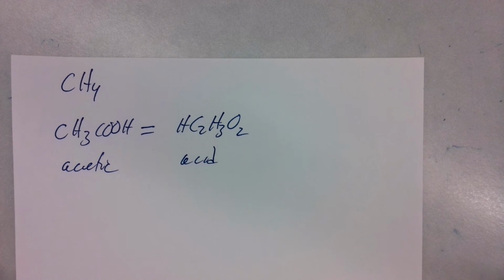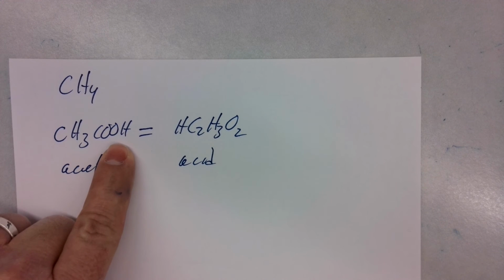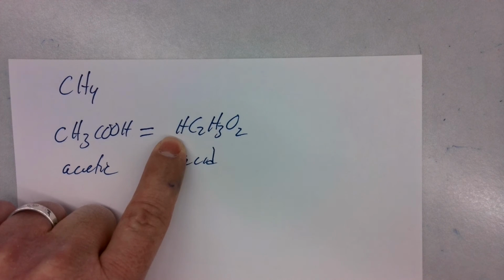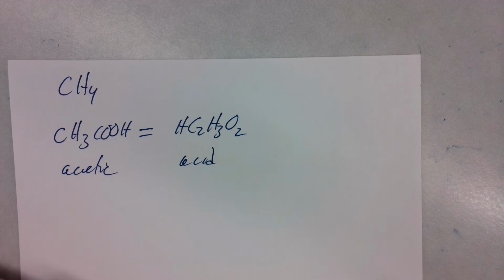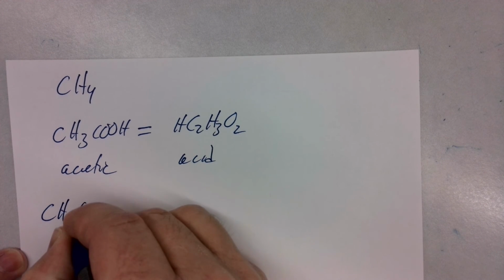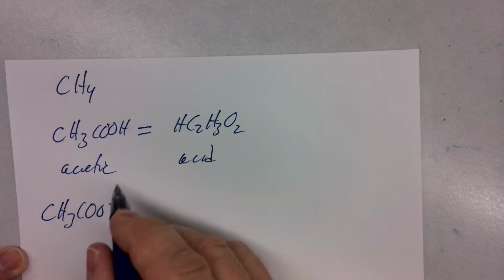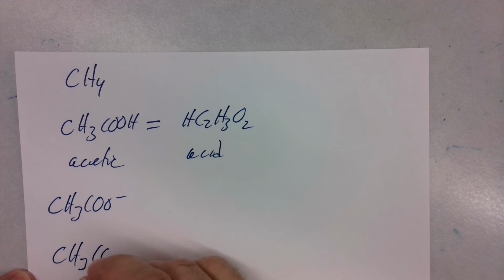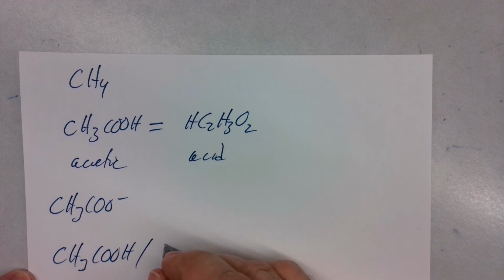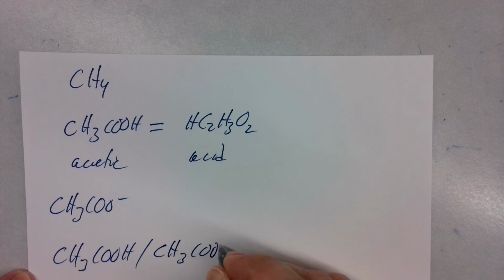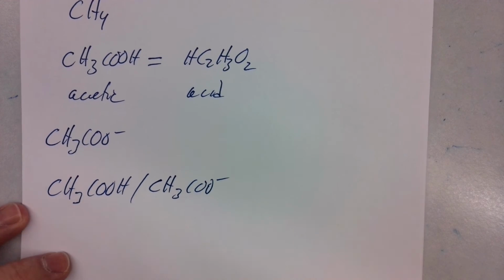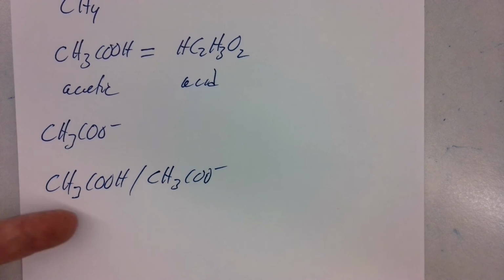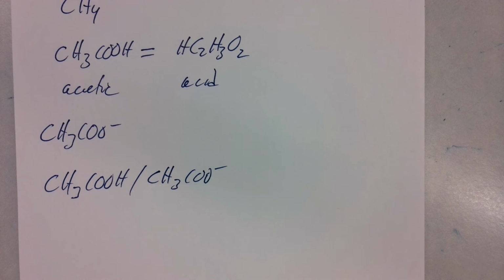So it screws them up. Well, you've got to understand that that H is really that H. So when I break that off, this would become CH3COO negative, and then that H. So if I had CH3COOH, its conjugate base would be CH3COO negative. There's like one question that they use that on in the test. That's why I wrote that on the backboard.